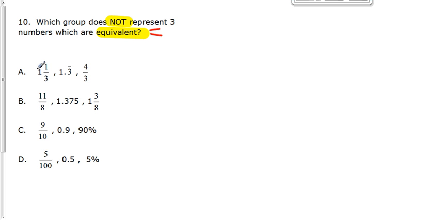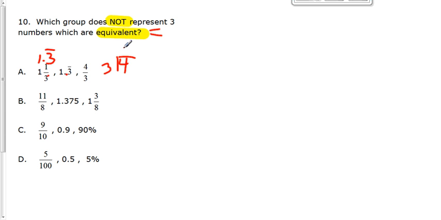Starting with the first one, we have 1 and 1/3. Well, 1/3, if we were to change that to a decimal, would be 1.3 if you T-bow it, and the 3 is going to go on and on and on. So the first two are a match. The third one there is 4/3. That's an improper fraction, so you're going to have to divide, T-bow it. 4 divided by 3.